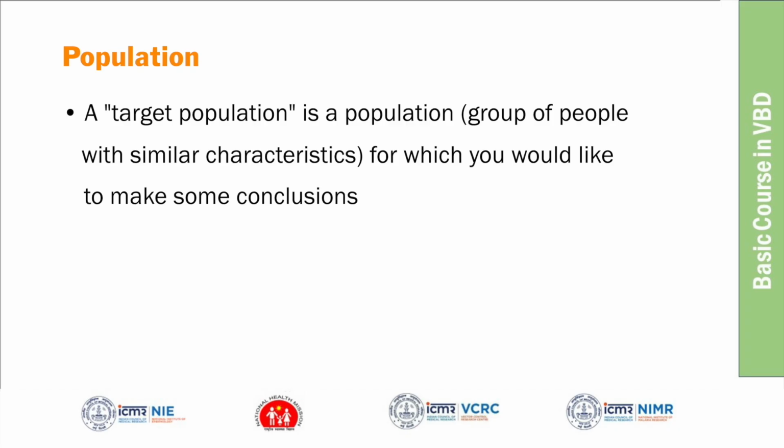For example, what is the prevalence of hypertension among individuals in Chennai? So the target population is individuals residing in Chennai. It could be geographic, or it could be all women, which is gender, or any demographic characteristic that you use to define the population.